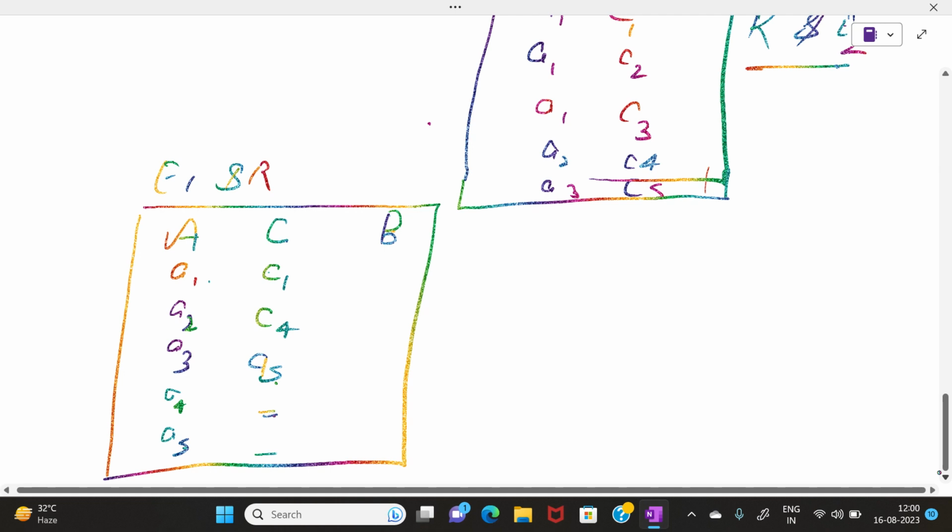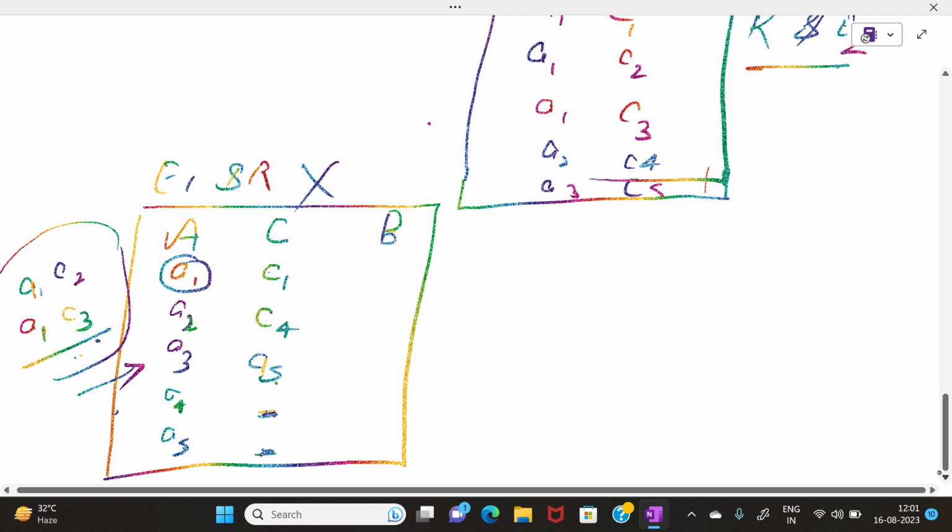But if you see, some of the entities got missing, like the relationships of A1 with C2 and C3 are missing from this table. Data should not be missing, and of course we shouldn't have null values like this. So if this is the case, we can't merge these two because we have missing data here.